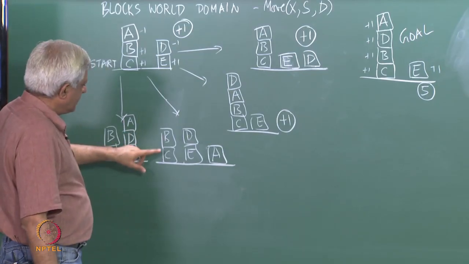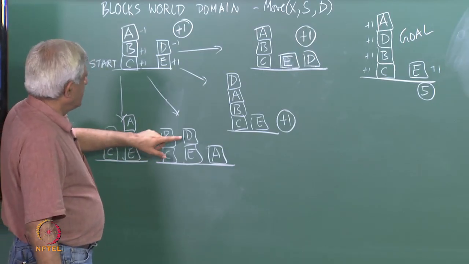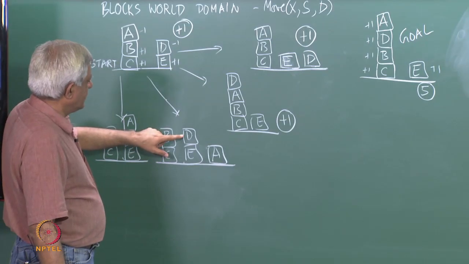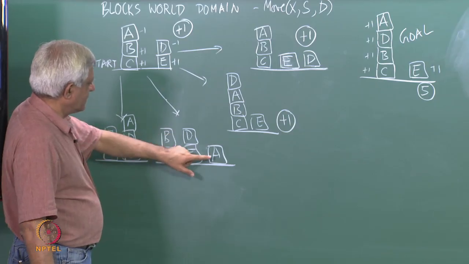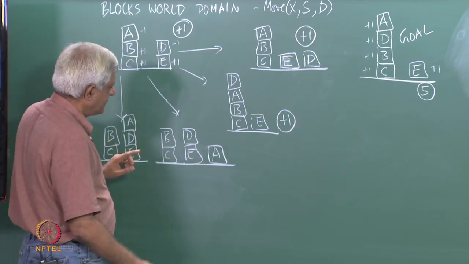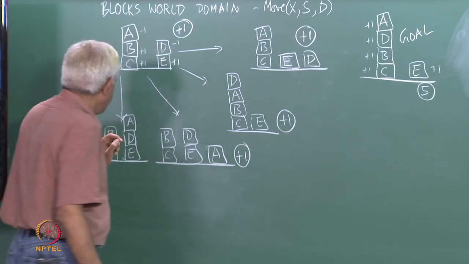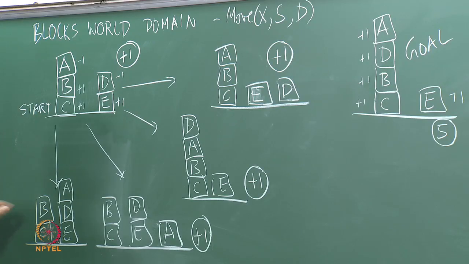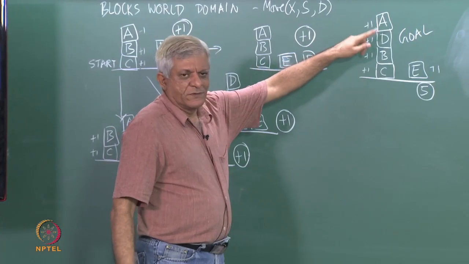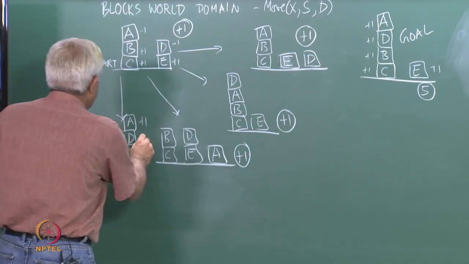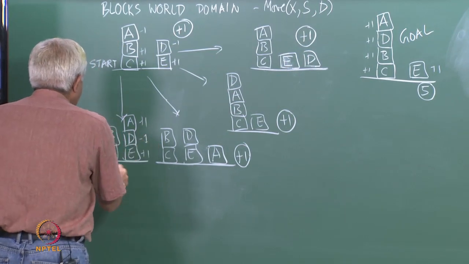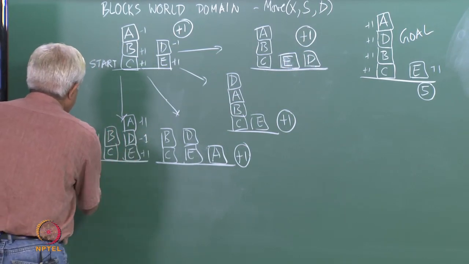For this one, +1 for this, +1 for this, -1 for this, +1 for this, -1 for this. So, this is also +1. In this case, it is +1 for this, +1 for this, +1 for this, +1 for this. Notice, because A is sitting on D, and in the goal you want A to be sitting on D, and -1 for this. So, this value turns out to be +3.